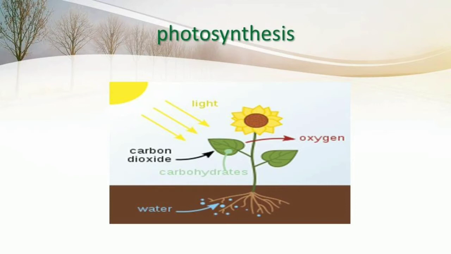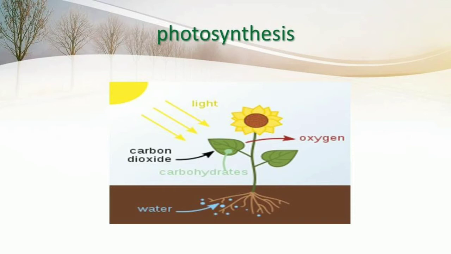So, green plants carry out photosynthesis in the presence of light. All the living forms on the earth depend on sunlight for energy. In the process of photosynthesis, plants use energy from the sunlight.